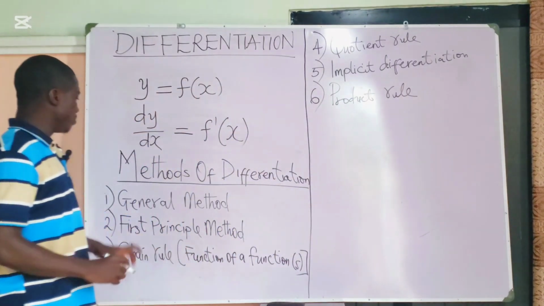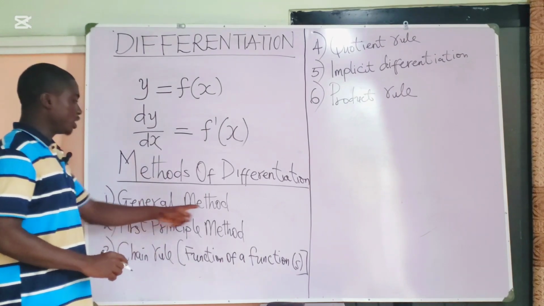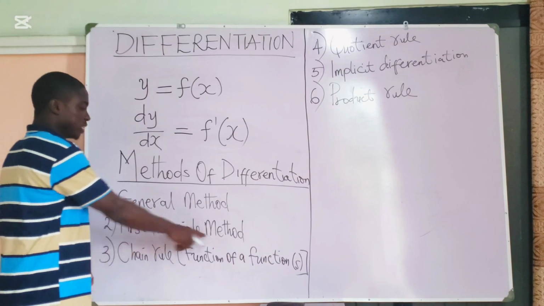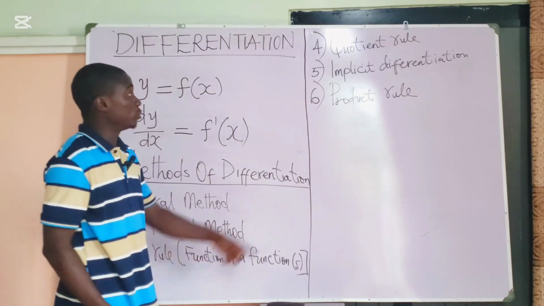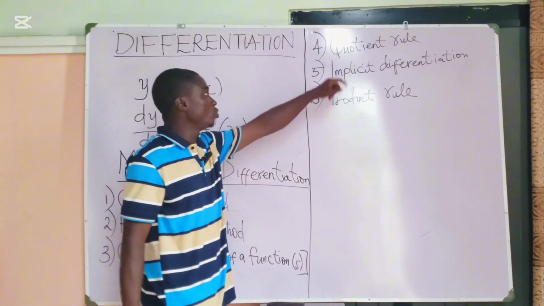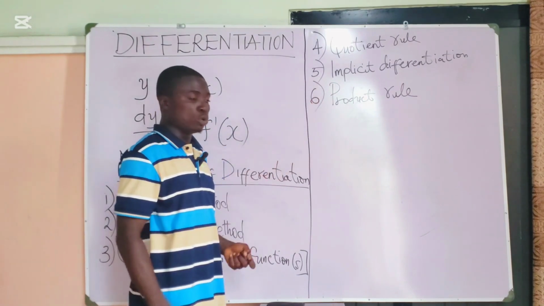So these are the methods of differentiation. We have the general method, the first principle method, the chain rule or function of a function. We also have the quotient rule, the implicit differentiation, and the product rule.